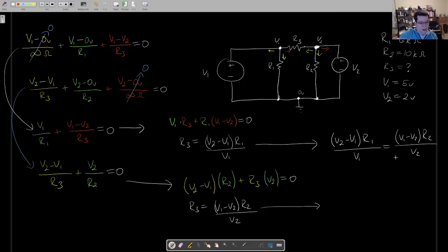Multiply through by V1 times V2. You got V1 R1 V2 minus V1, V1 minus V2 R2 V2 V1. I have too many variables given.